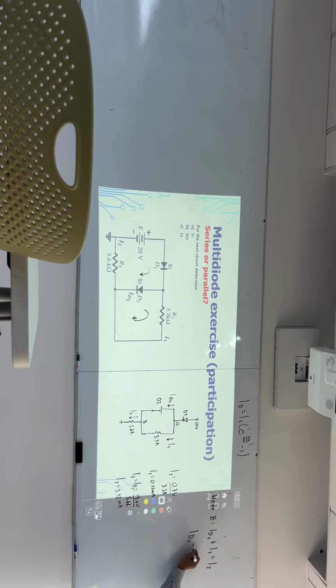ID2 is going to be I2 minus I1, that is 3.32 minus 0.21, which is 3.11 milliamps. Okay? And that's it.